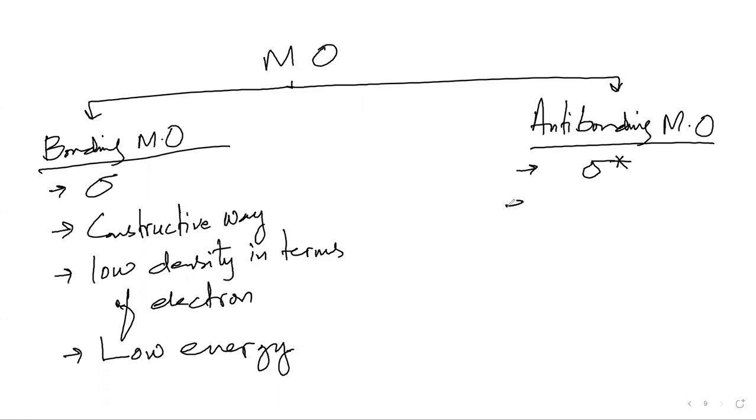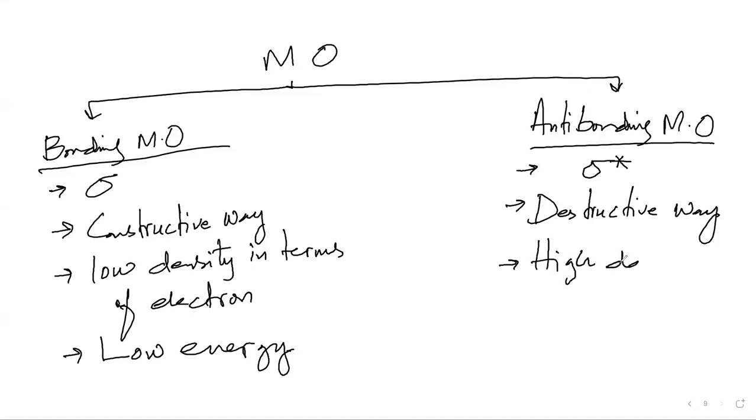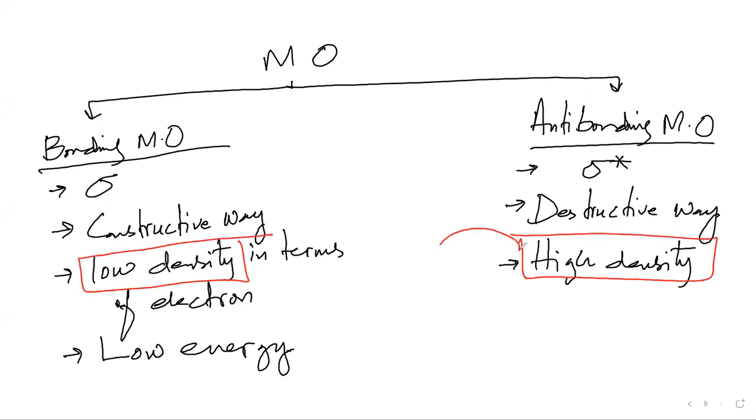But anti-bonding molecular orbitals overlap in a destructive way. It has low density. High density and low density means that in the bonding molecular orbital, electrons want to stay, and in the anti-bonding molecular orbital, electrons don't want to go there or stay there.